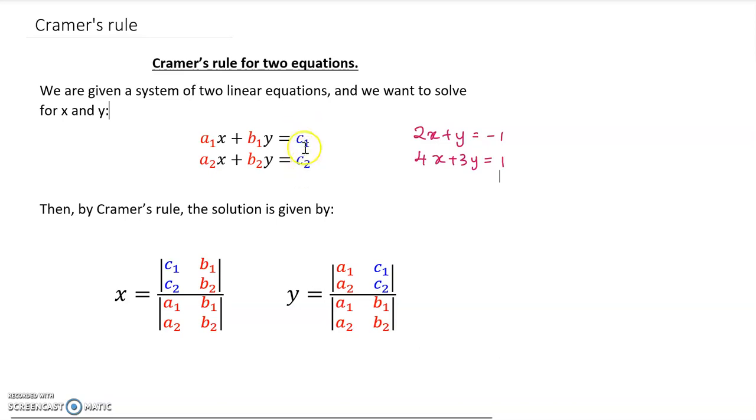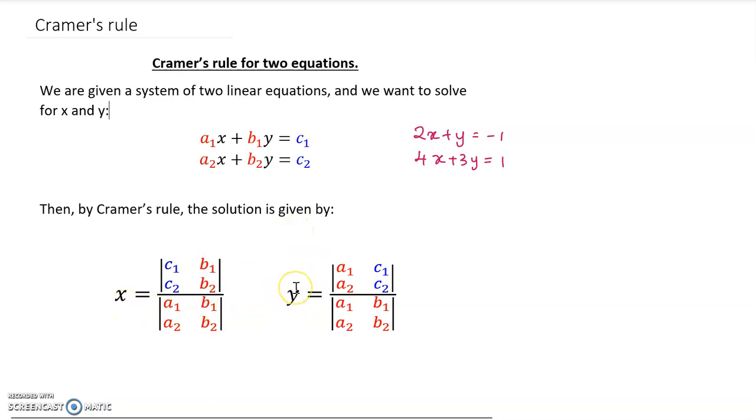So c1 and c2 are basically constants. For the x, you put c1 and c2 in the first column, and the second column remains as b1 and b2. Then you compute the determinant at the top and the determinant at the bottom, and do the division, and you get your x.